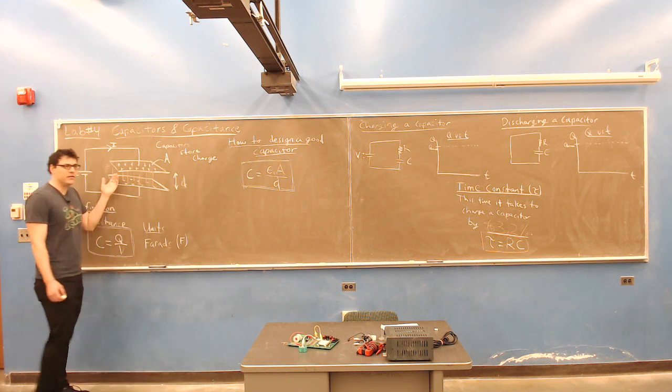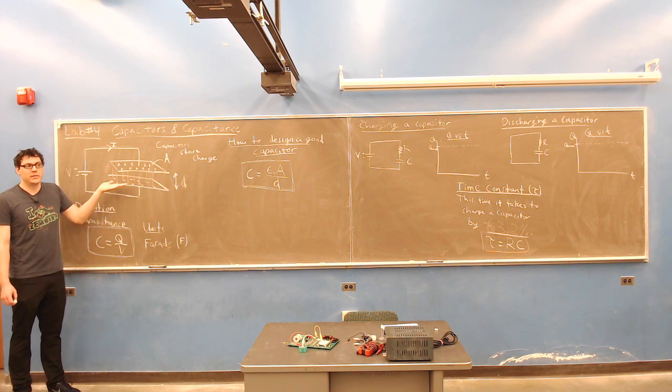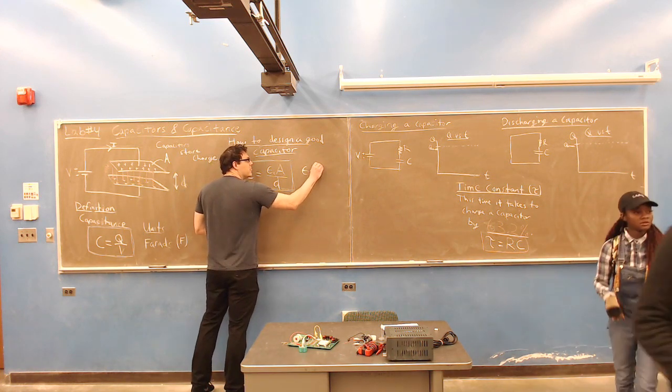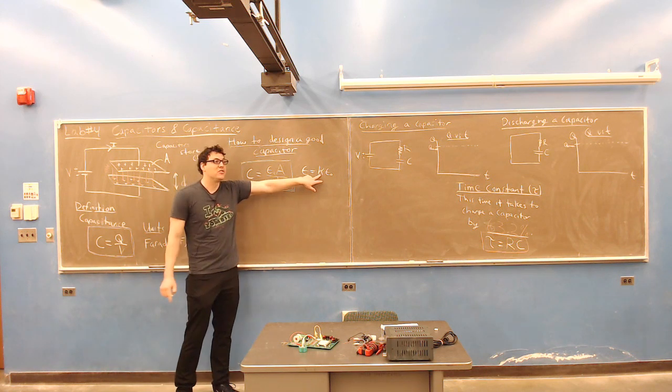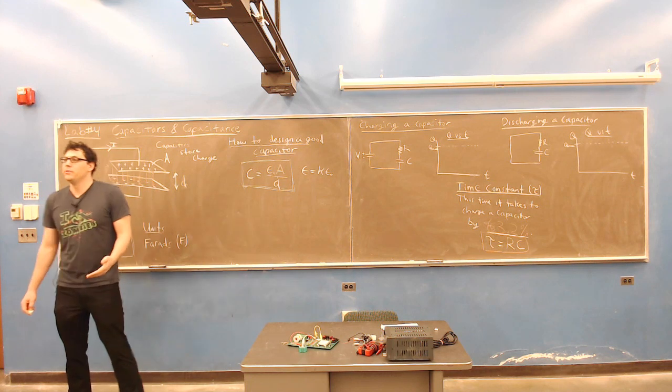But we could put another material in here which will have a different permittivity, a higher permittivity. We call those dielectric materials. Sometimes they'll write them as epsilon, which is equal to kappa epsilon naught. So if kappa is 2 for the material, then it increases your capacitance by a factor of 2.